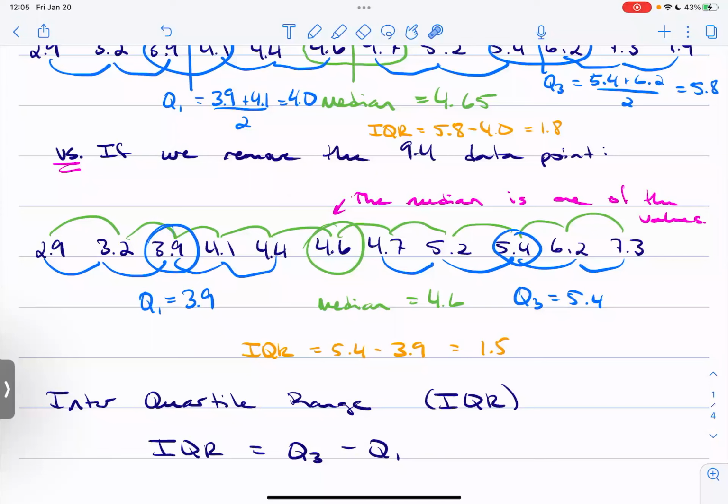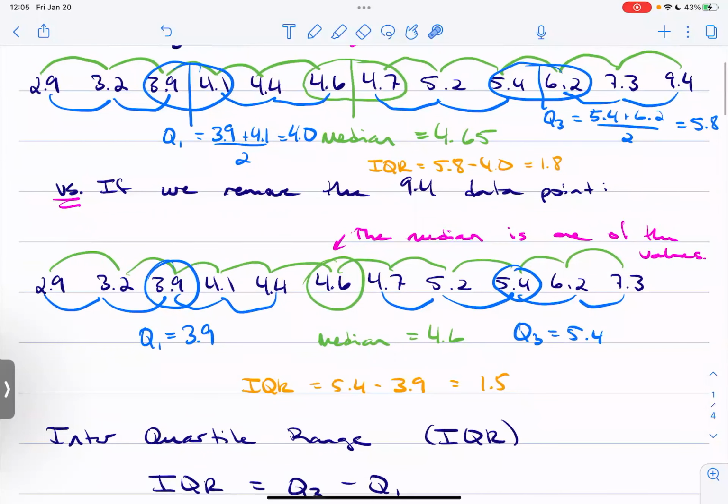So the spread for this smaller data set where we removed one data point, 9.4, I think it is, was smaller than the previous one, 1.8. So just a little bit wider. Which makes sense, right? We took out 9.4, tightened it up a little bit, and so that's reflected in the interquartile range.